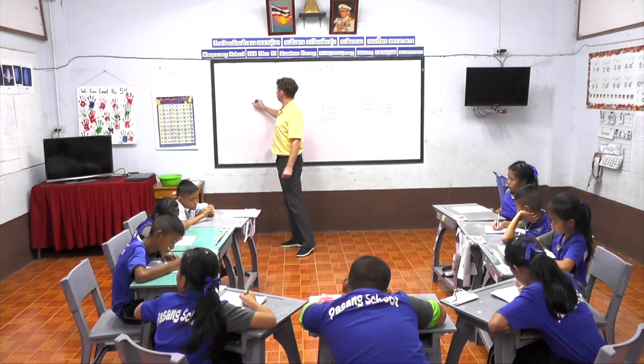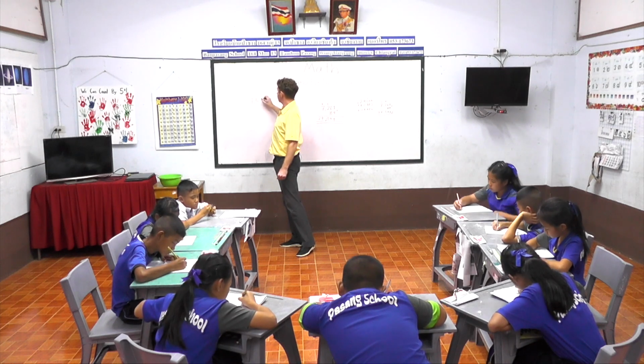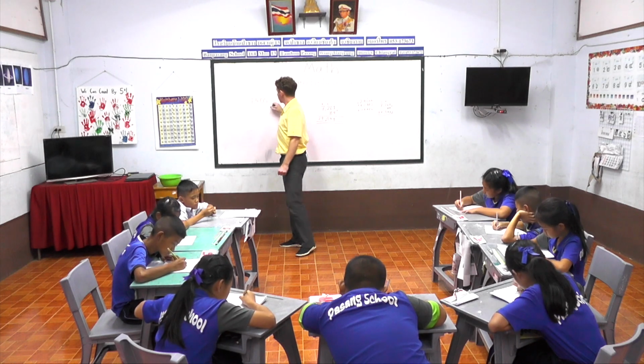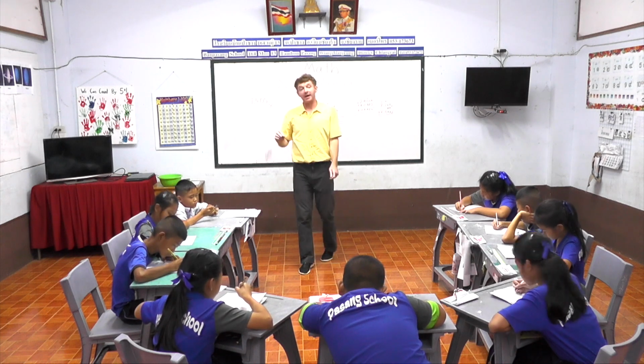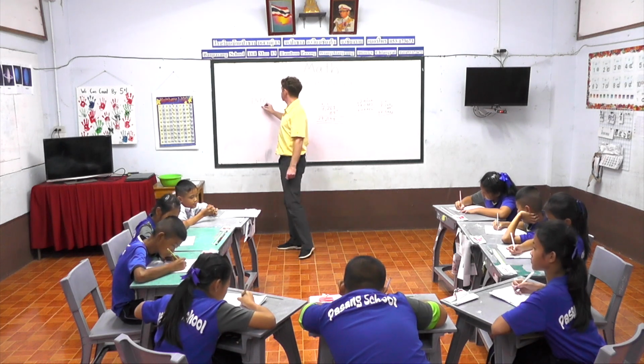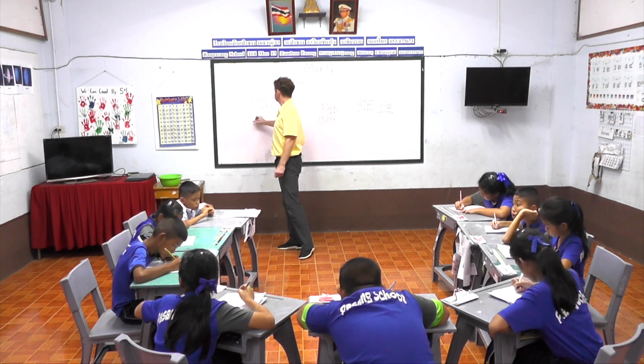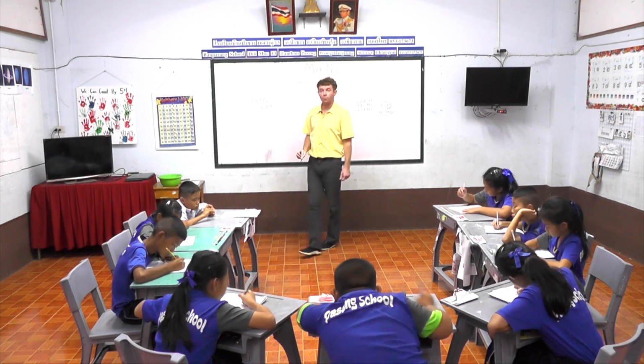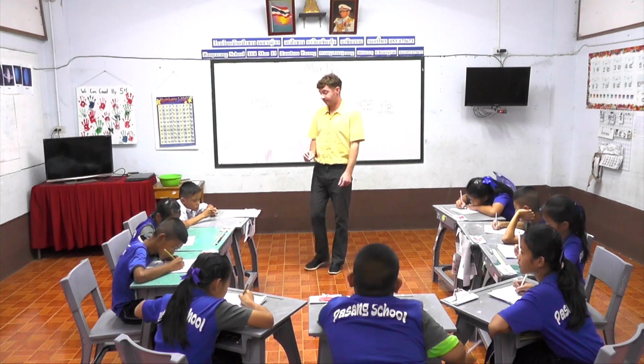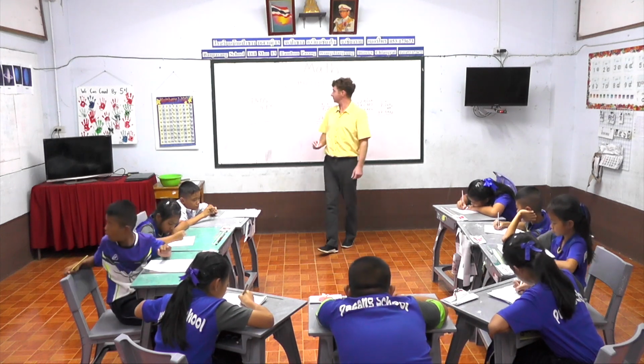For example, our first calculation, 1,405 multiplied by 47. So we begin with the ones. 7 times 5.